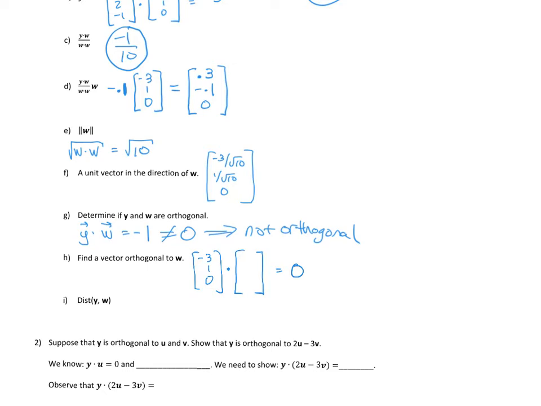So let's see, if I put a 1 here and a 3 here, that would give me -3 plus 3, and then I put a 0. Actually, I can put anything there because I'm going to multiply it by 0. So maybe I'll pick something random, 7. So that gives me 0. So 1, 3, 7 is orthogonal to W.